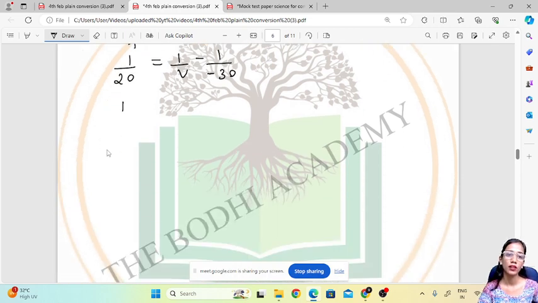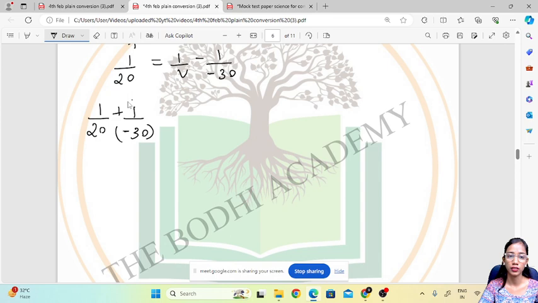You have to get 1 upon v on one side. 1 upon v is 1 upon 20 plus 1 upon minus 30. This minus 30 remains the same. We can't change the sign because that's the convention.